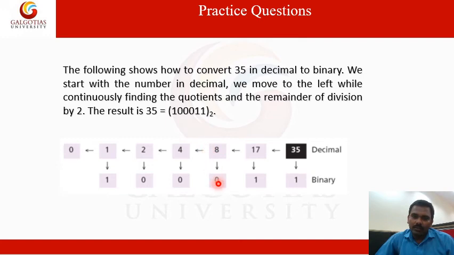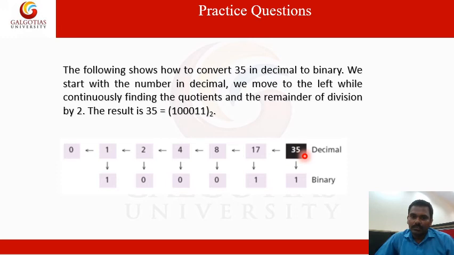Again we divide it by 2, the remainder will be 0 and the quotient will be 4, and we keep on doing the division and keeping the remainders here till we get the quotient 0. In the last we will have 1 0 0 0 1 1. This is the binary equivalent corresponding to decimal number 35.